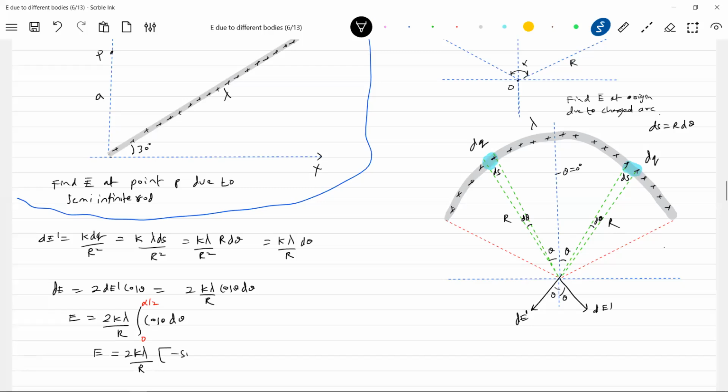Cos theta will become sin theta. So the field strength at O, because at point O we are finding it, will be 2k lambda by r sin alpha by 2. I suggest you remember this.